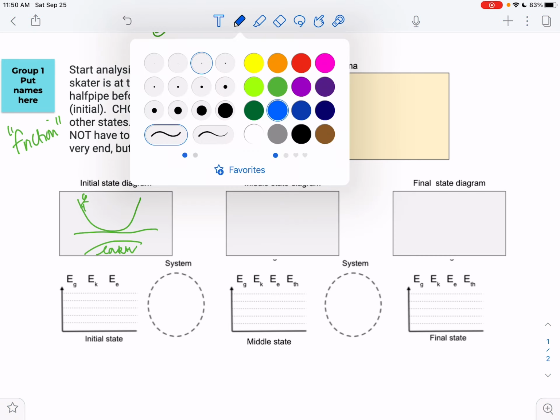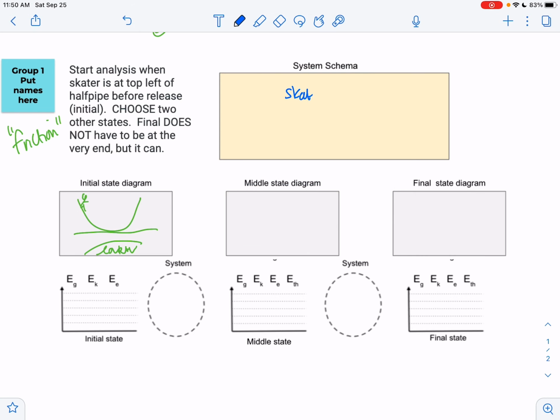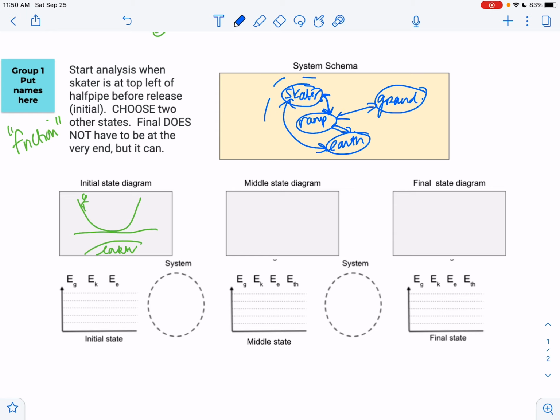All right, okay. All right, so I'm gonna, again, have the skater, skateboard, kind of the same thing, okay? The ramp is actually really important now because that interaction here is what's causing that thermal energy transfer, okay? And of course I want the earth, okay? And then again, the ground, if you want it, kind of irrelevant to the ramp, right? So I'm not really gonna include that in my system because the ground sort of doesn't matter, okay?